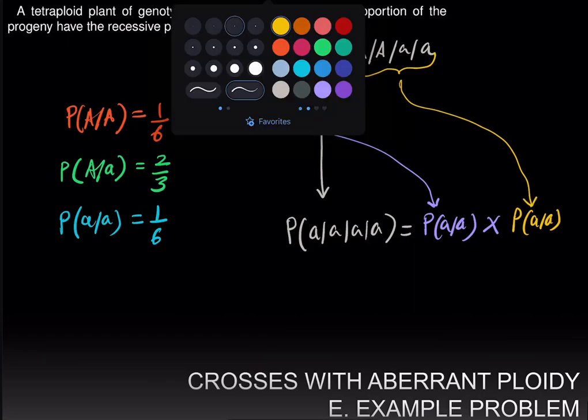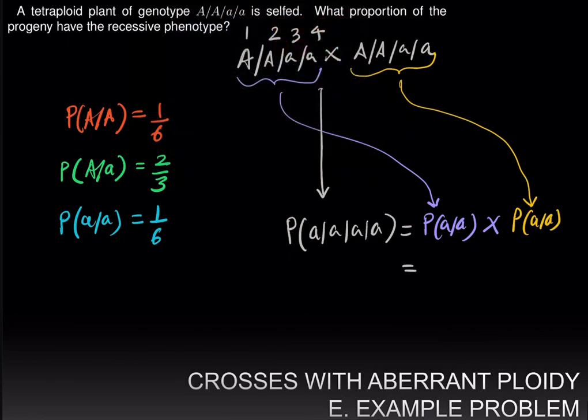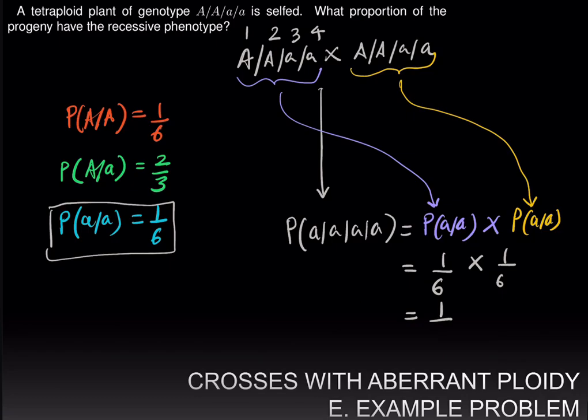and since the probability of a little a is 1/6, the probability of getting a little a gamete from the first parent and the second parent is 1/6 times 1/6, which is 1/36.